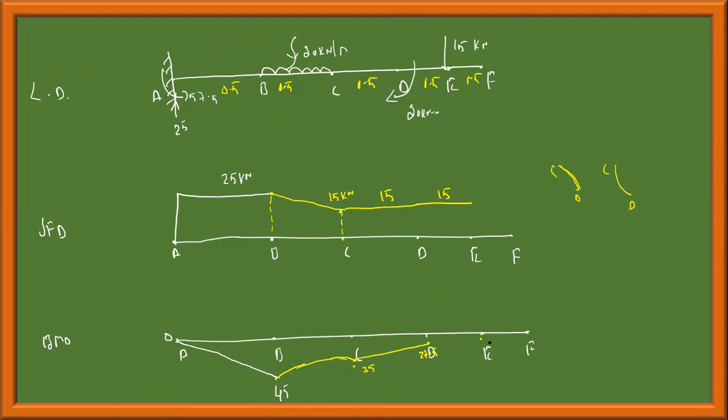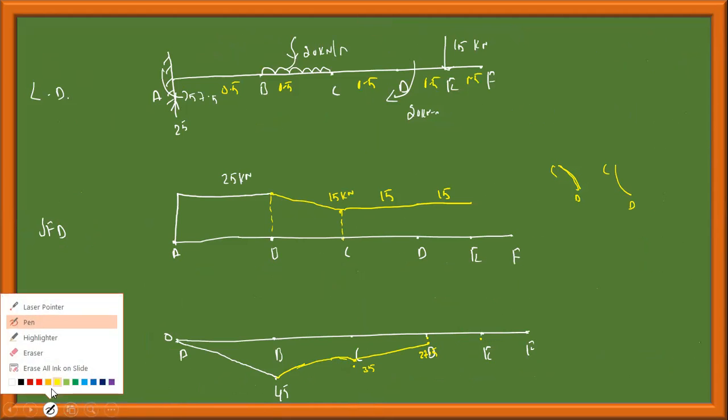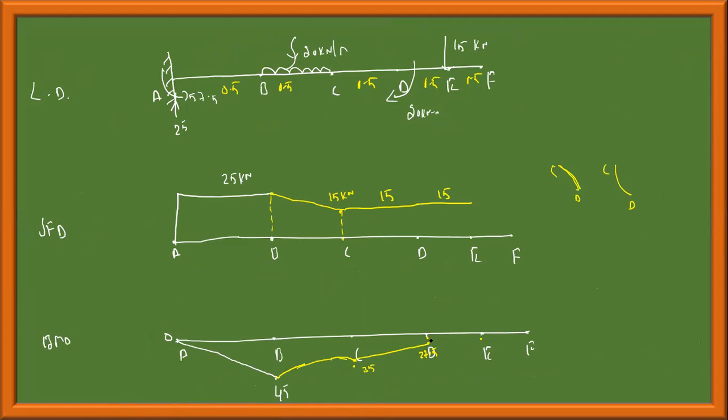At x equal to 1.5 you can see a sudden drop, up to 7.5. Then it goes straight like this, and from 2 up to this point it becomes 0. At this point it is 0. Can you see that?